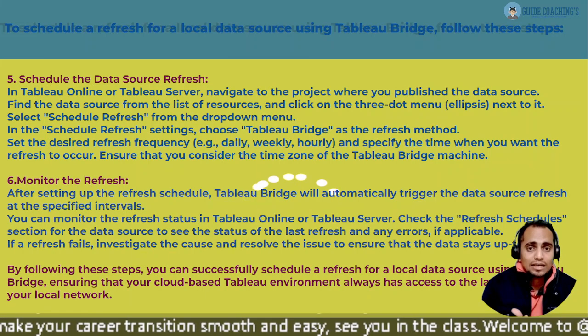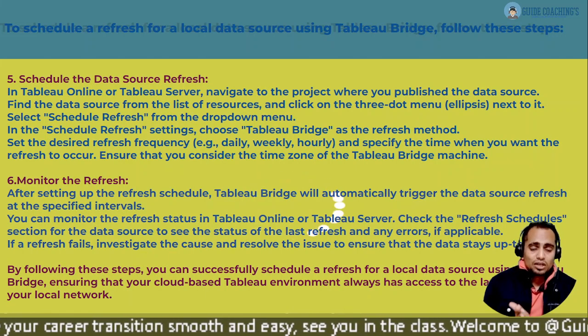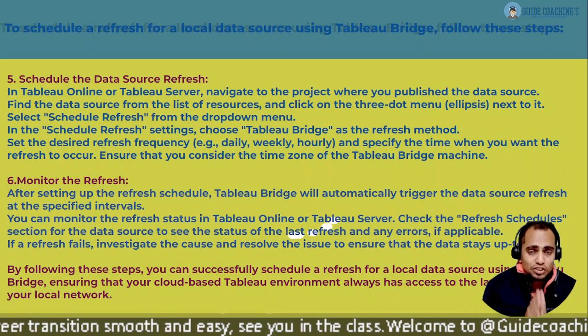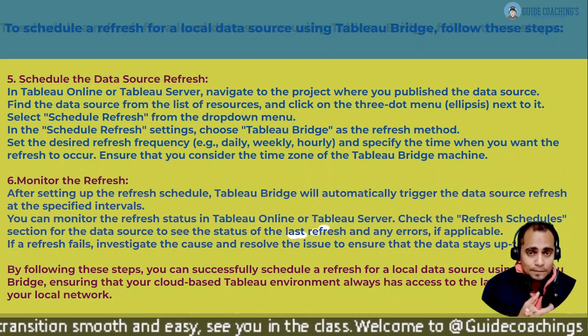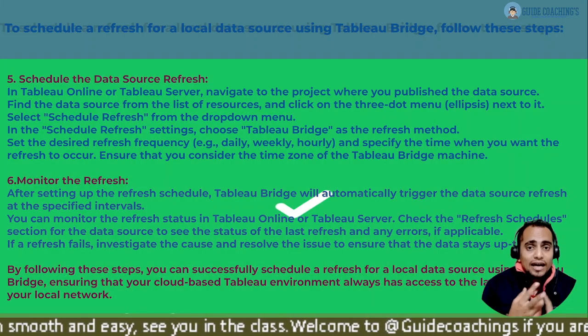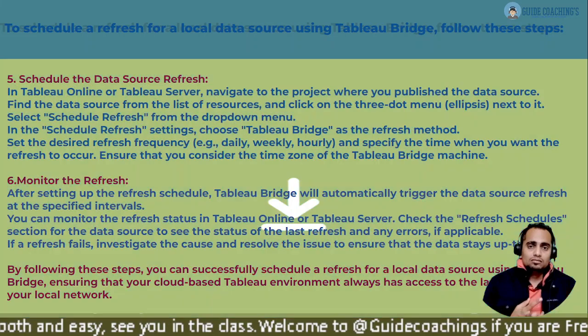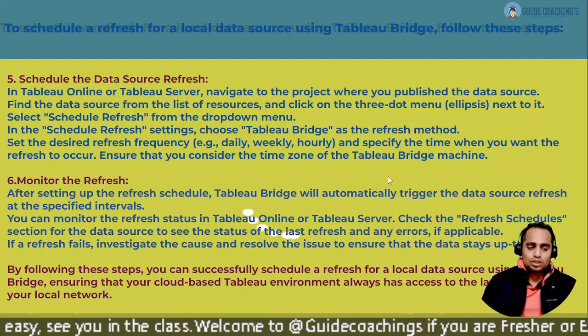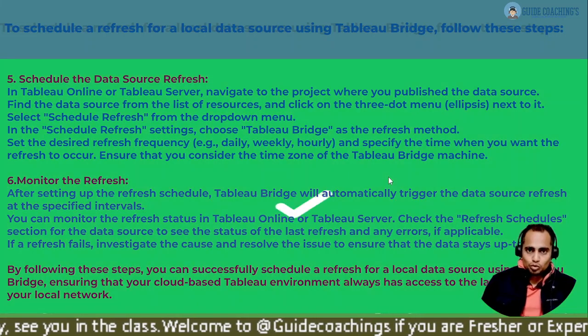So at that time the refresh will not happen. So make sure whenever we are scheduling a refresh, the machine on which we are keeping the data and have installed the Tableau Bridge has to be active and running. That is the important point in scheduling the data source.